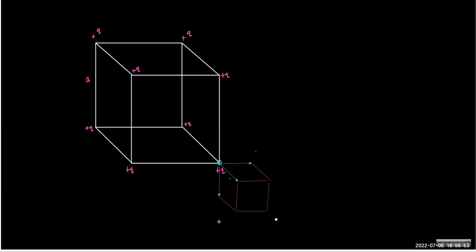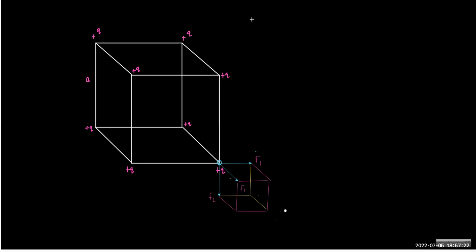These 3 forces are equal in magnitude, so if I call this F1, all 3 can be F1. After these 3, we are done with the adjacent sides.